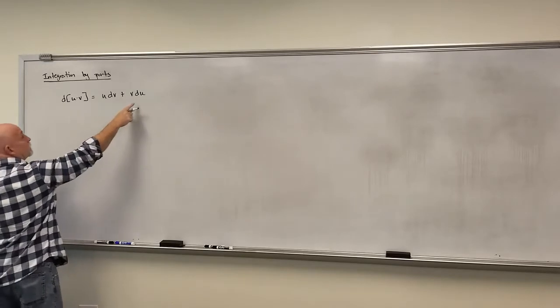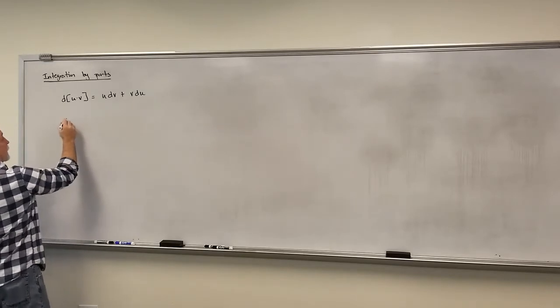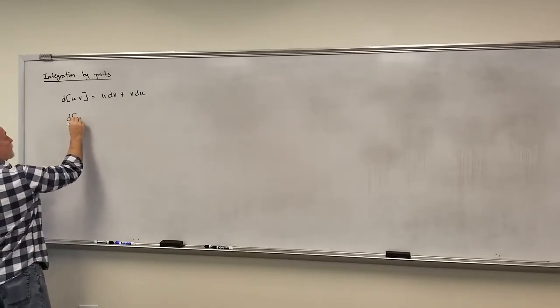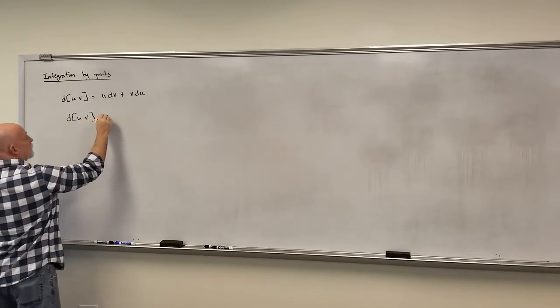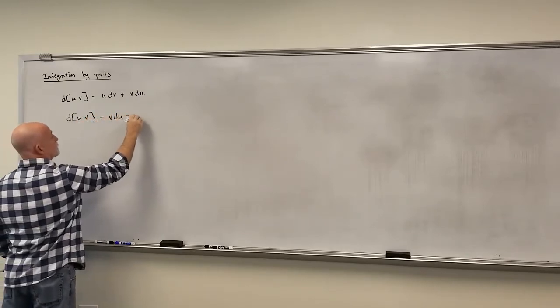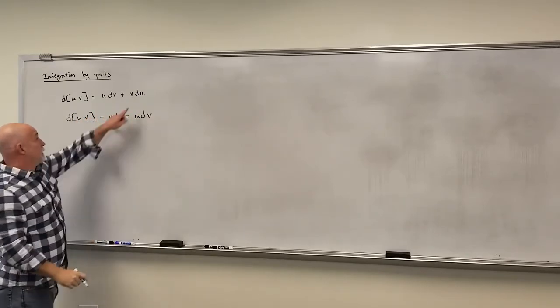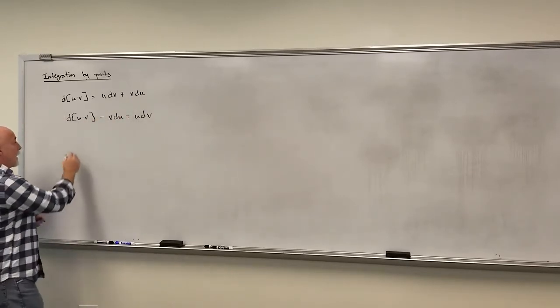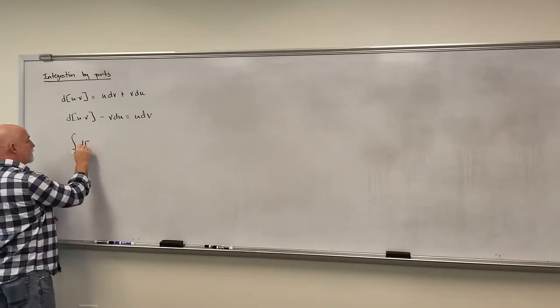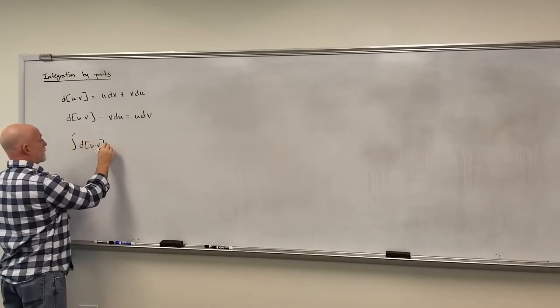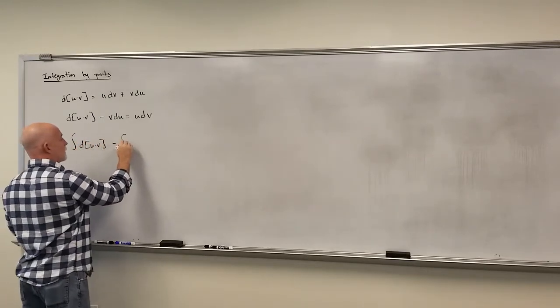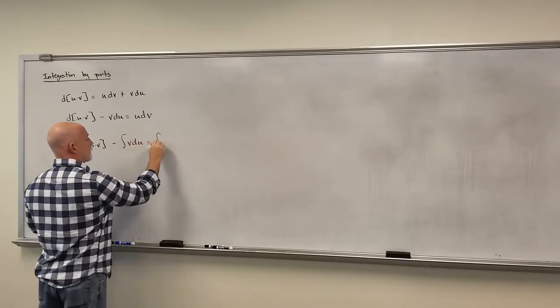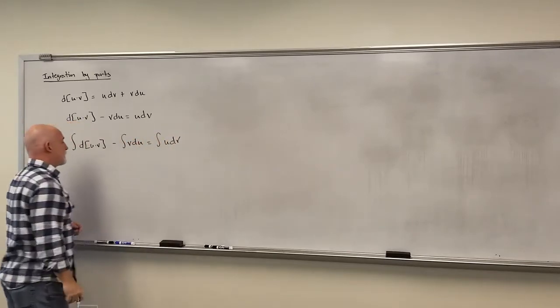I'm going to move this v du to the other side. So I'm going to go, the derivative of u times v minus v du is u dv. So all I do is scoot that over to that side. Now I'm going to integrate both sides. It means I got to integrate everything. Minus the integral of u dv.